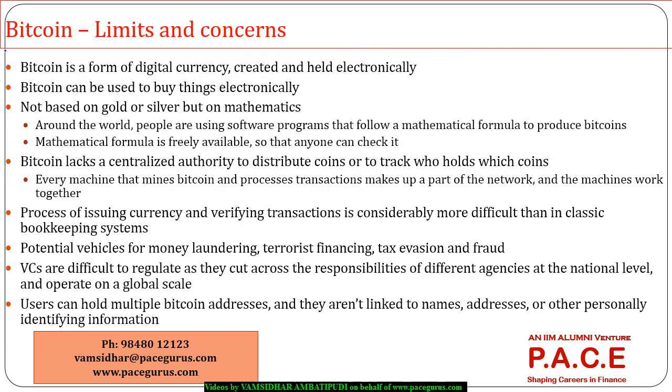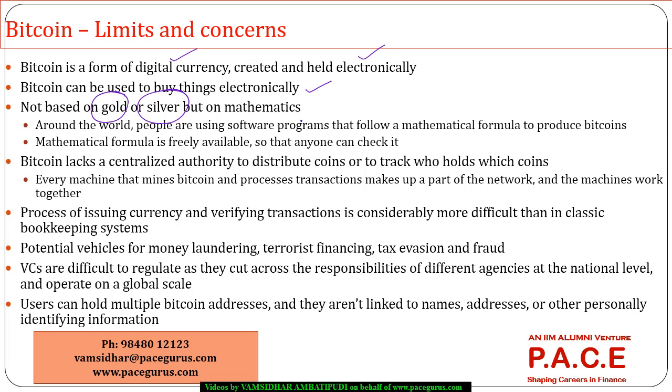Now coming to Bitcoin, it's a form of digital currency and it can be held electronically. So there is no physical form of holding this currency. And it can be used for online purchases. Normally, any currency in the world is based on gold or silver or something, right?